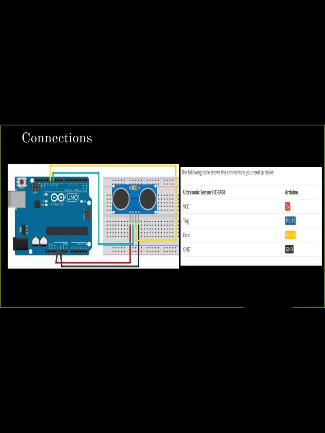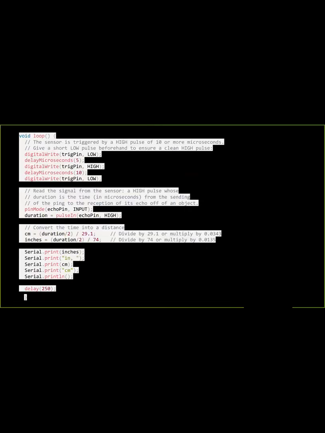I will verify, and you can simply upload this code, open your serial monitor and see the distance it is printing. I am leaving this as an exercise for you, so that you will get some hands-on experience on how we are doing it.